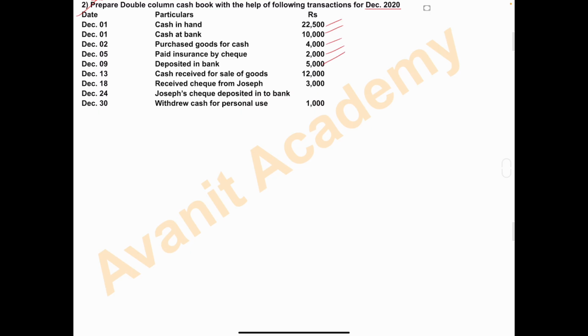December 13, cash received for sale of goods rupees 12,000.